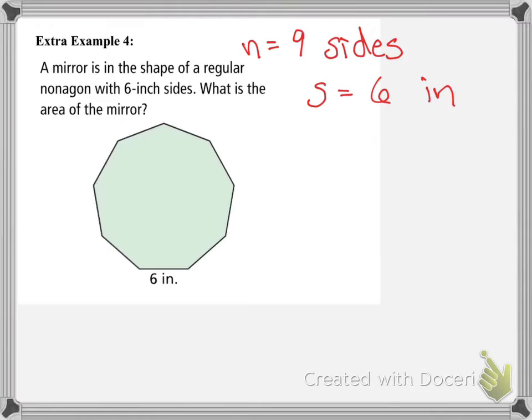So now I'm going to draw a point for my center, and I'm going to draw 2 radii in. What I need to find now is the apothem. I need to find this distance right there. That would be my a.